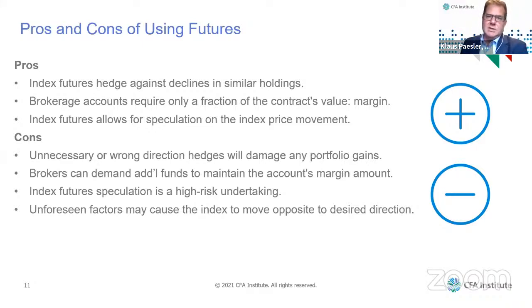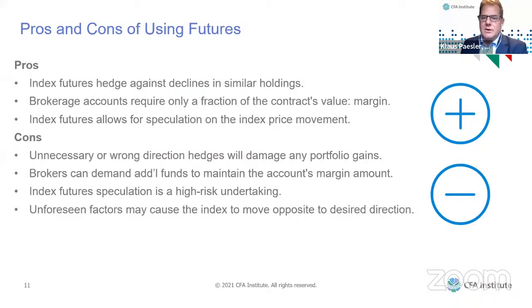It's easy to get into, and in fact, the brokerage accounts only require a fraction, as we saw, the initial margin and the collateral. So even if you don't have the entire, to use the previous example, 100 million to invest, you only have to put anywhere from 10 to 15 to 20% of the value that you're interested in investing into a collateral account, to take on the positions.